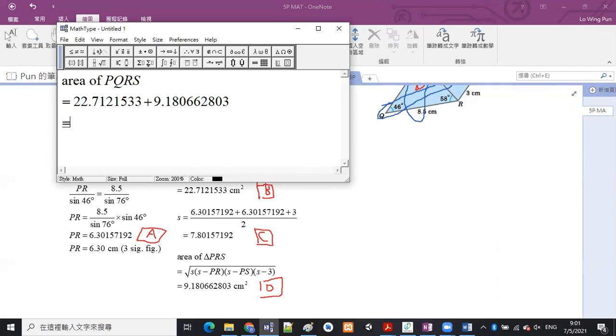So that is memory B plus memory D. Should be 31.89 something. Okay, and because this is the final answer, we need to correct this to 3SF. So it should be 31.9, and the unit is cm squared. This is correct to 3 significant figures. So that is the final answer.